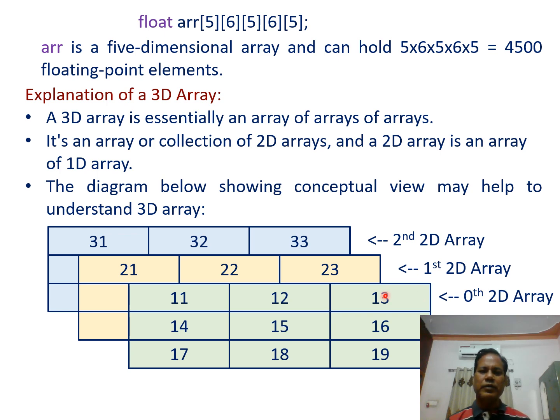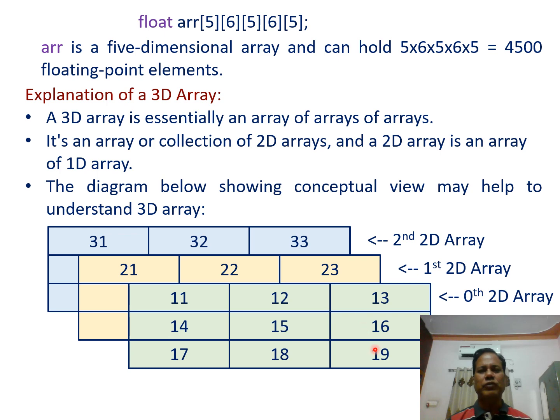Now here, if we have three 2D arrays and arrange the data like this: first the 0 two-dimensional array is arranged, then below that the first 2D array elements are arranged, and then the third 2D array elements are arranged.